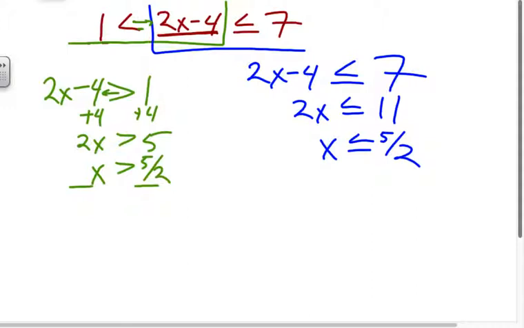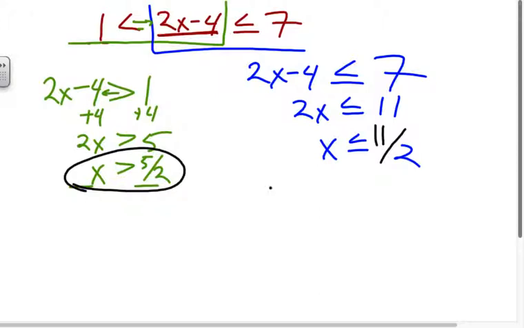So what this tells me is that based on this part, all my x values have to be bigger than 5 halves. But not only that, they also have to be less than or equal to, should be 11 halves.